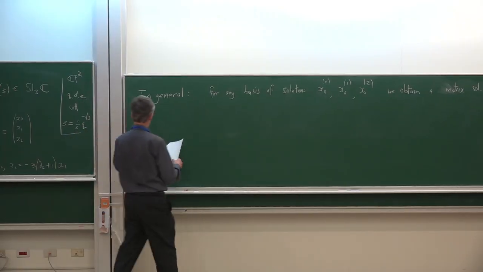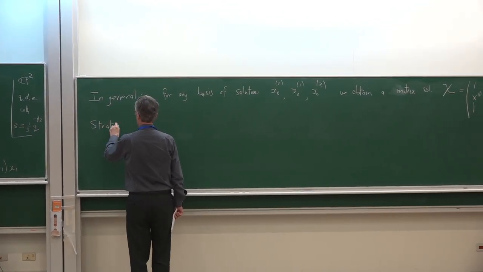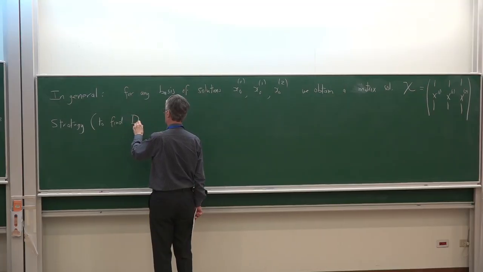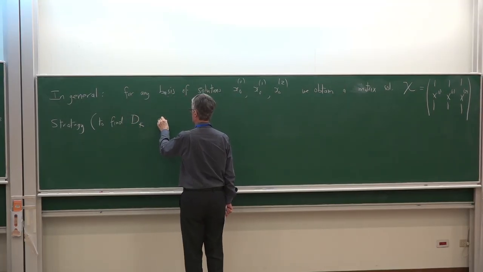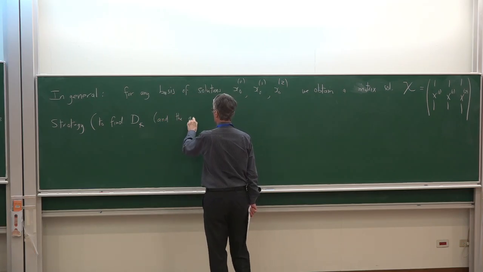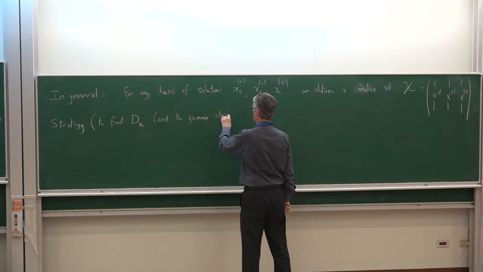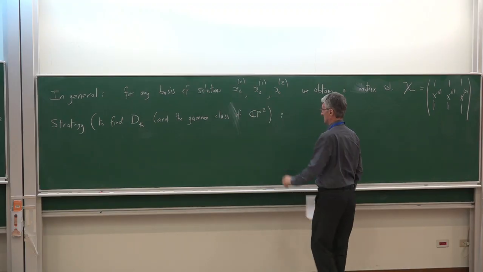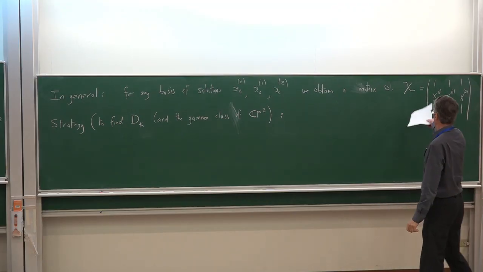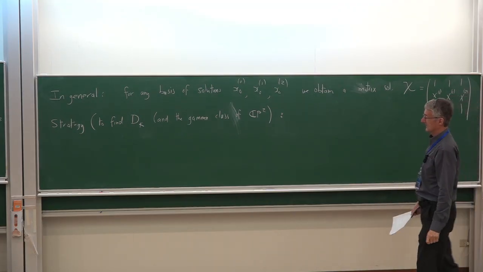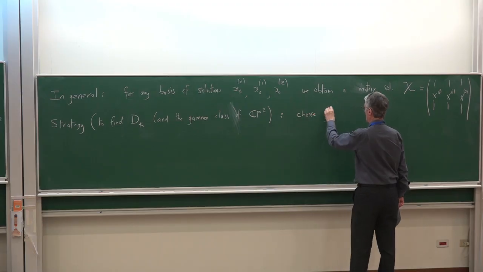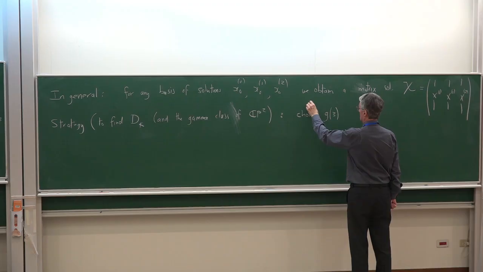So the strategy to find the connection matrix, which I call dk, and the gamma class of CP2, is to look for a nice solution of the matrix equation, and it's going to be constructed from the scalar equation. So we choose a suitable solution.